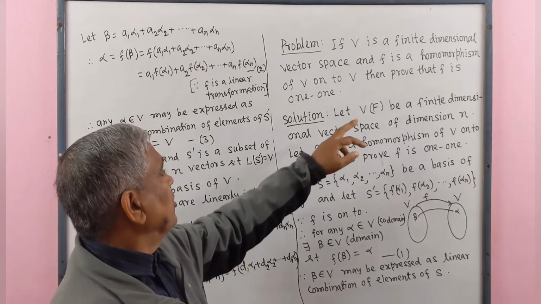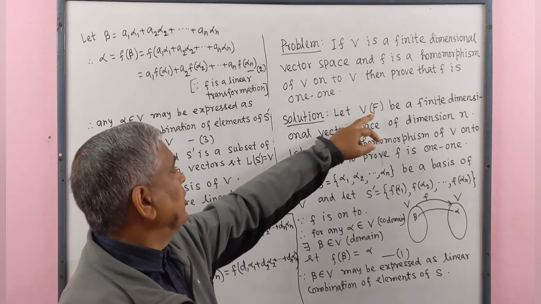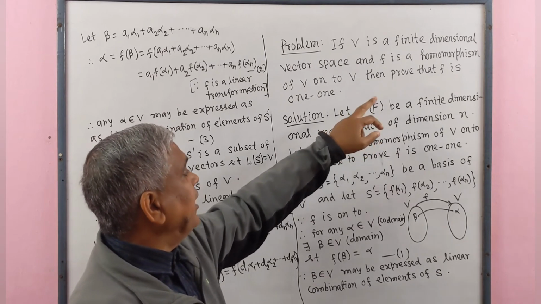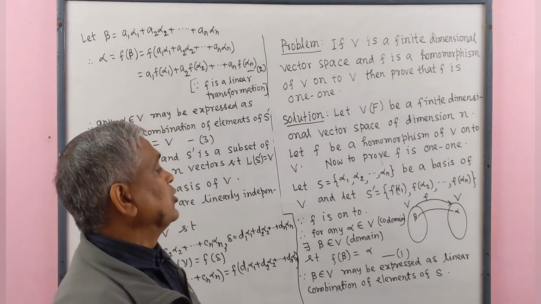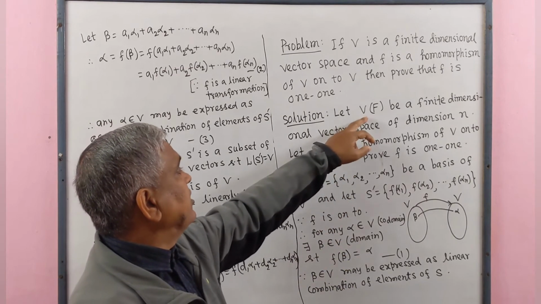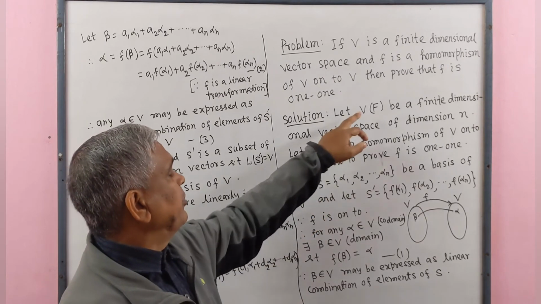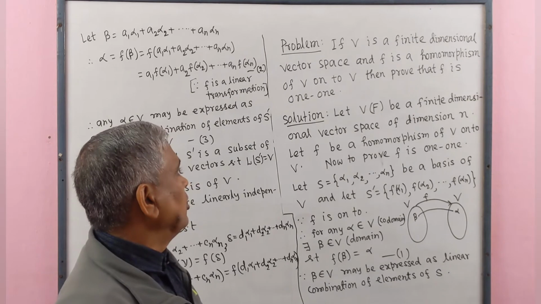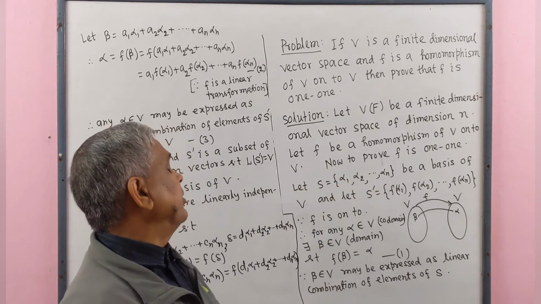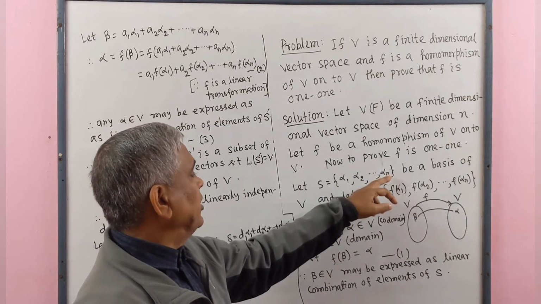Since V is a vector space over the field F and V is a finite dimensional vector space, therefore there exists a basis S of vector space V, which contains n linearly independent vectors alpha 1, alpha 2, ..., alpha n.